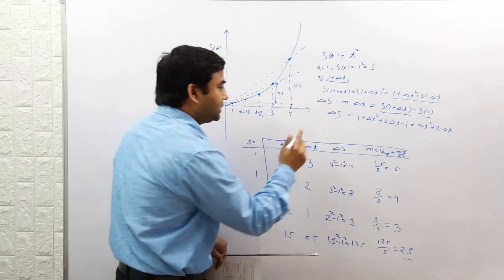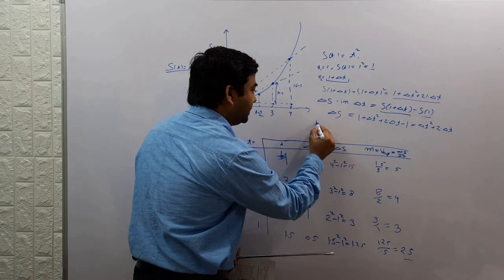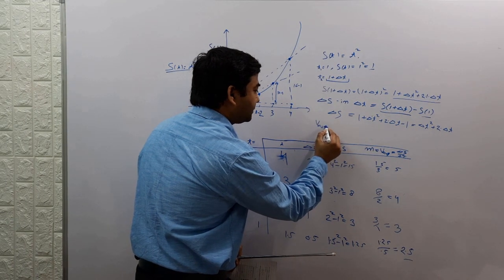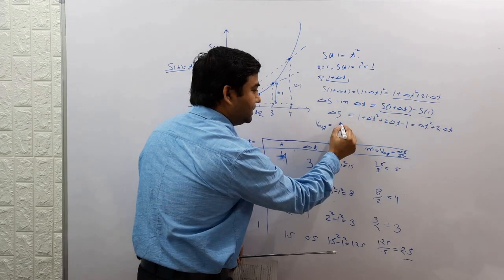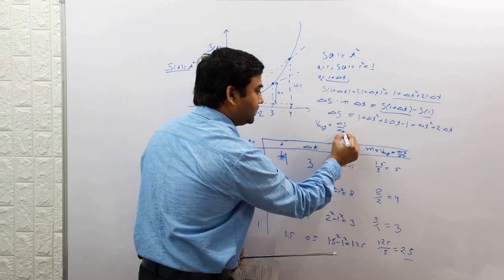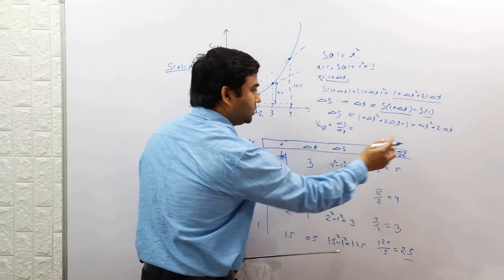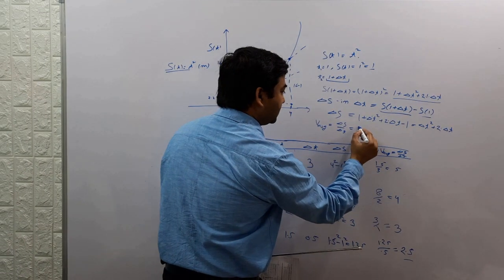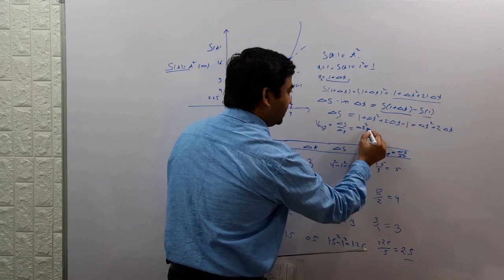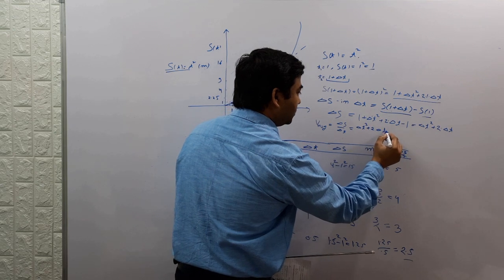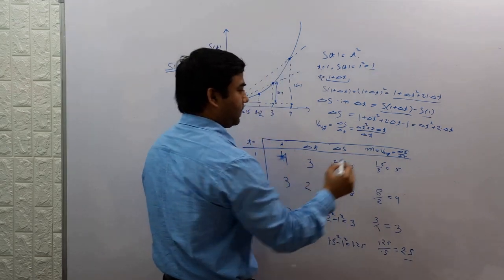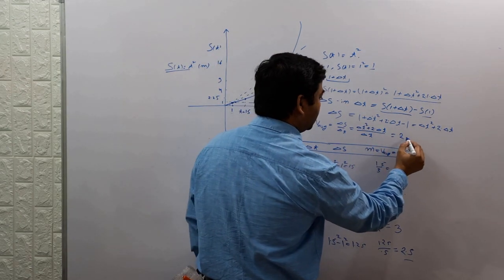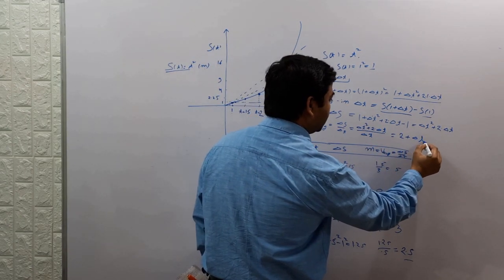So average velocity V average for time interval delta t is delta s by delta t, which is delta t square plus 2 into delta t divided by delta t, and this is equal to 2 plus delta t.